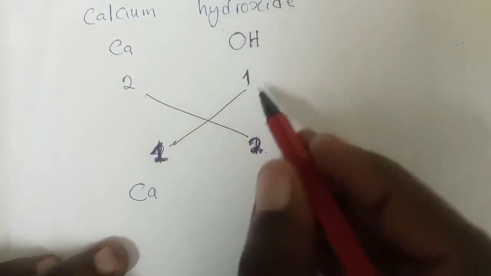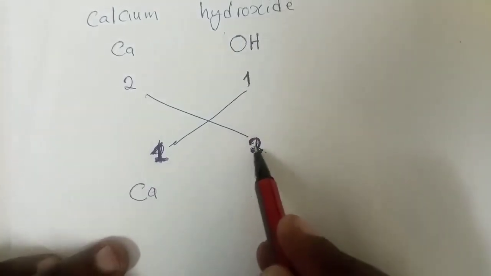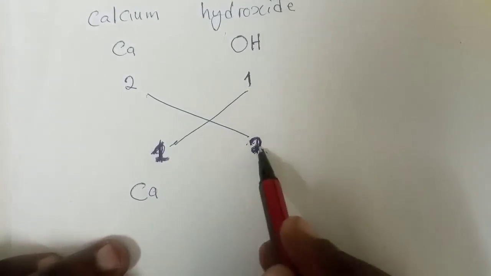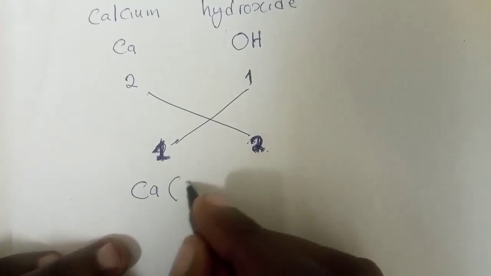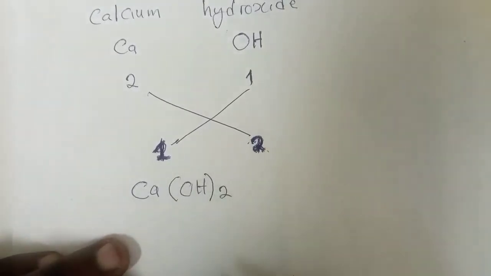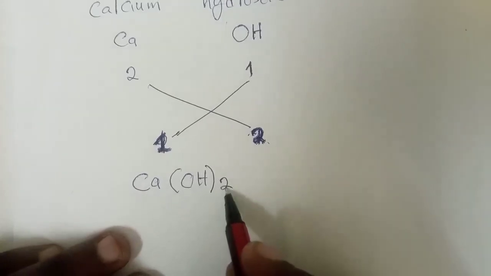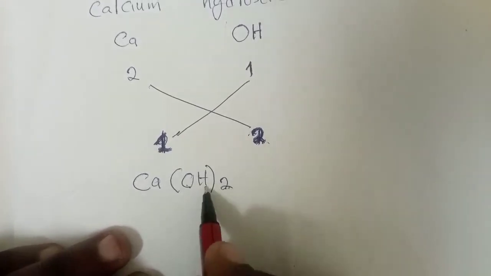And you know that whenever you are given more than one atom, one valence number to a radical, you should put it in the bracket, then the 2 will come outside, meaning that these 2 is for oxygen, meaning that there are 2 atoms of oxygen and 2 atoms of hydrogen.